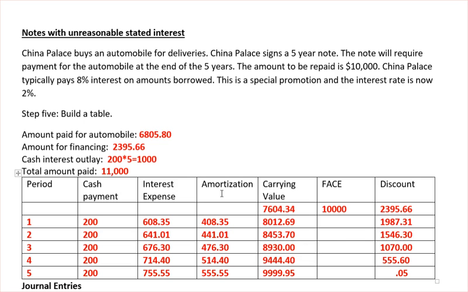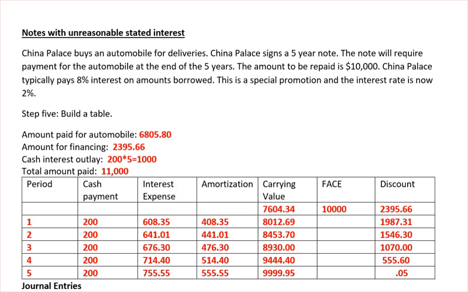Instead of having an amortization amount of 555 and 55 cents, which is on line 5 here, we need to actually get rid of all of that. When we calculate our interest expense, interest expense is the 200 from the cash, but it's also 555.60 for the amortization of that discount.